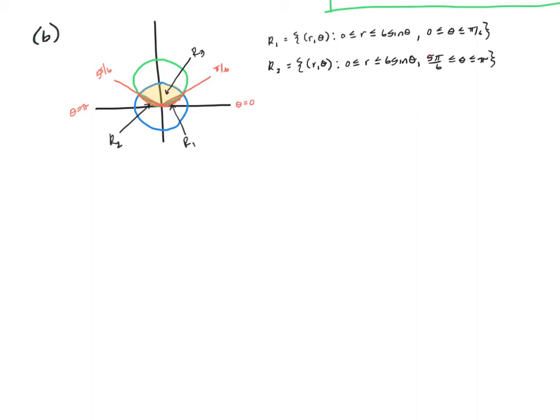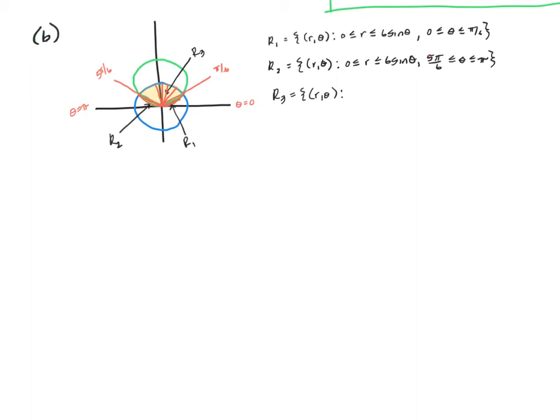And finally, region 3. These are going to be points r, theta. Think about our r value in this case. If I look at an r value, it's going to go from the center to the blue curve. So it's going to have r values from 0 to 3, 0 to 3, 0 to 3.